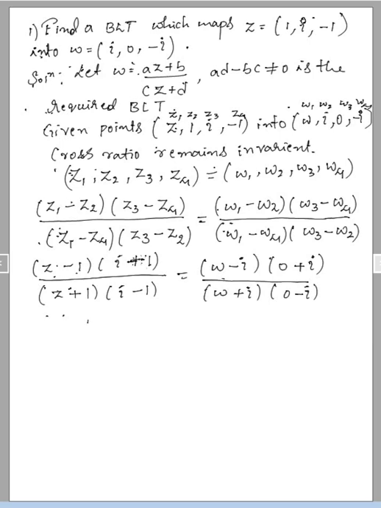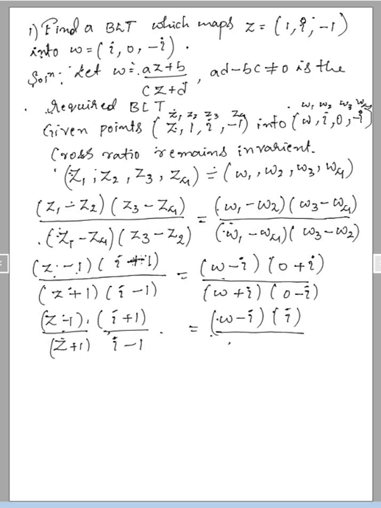Now simplifying this, Z minus 1 times I plus 1 divided by Z plus 1, this divided by I minus 1, which is equal to W minus I divided by W minus I into I, this whole divided by W plus I into minus I. Here the value I gets cancelled.